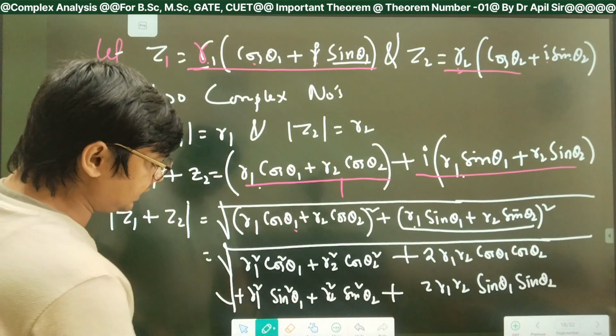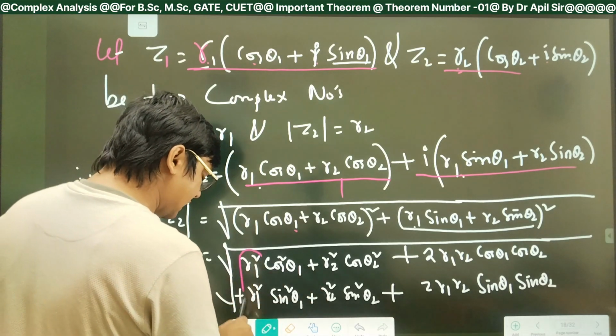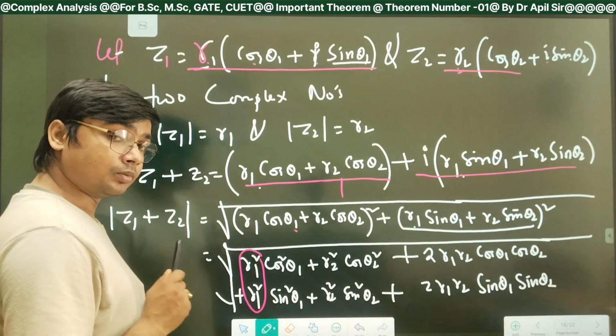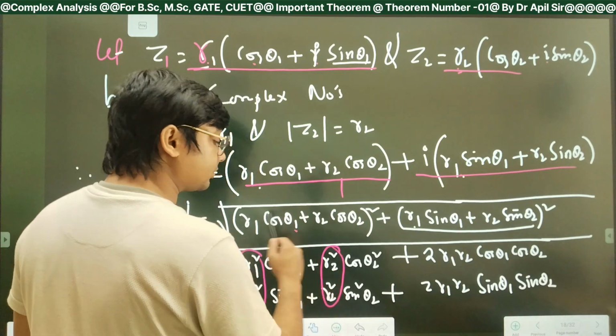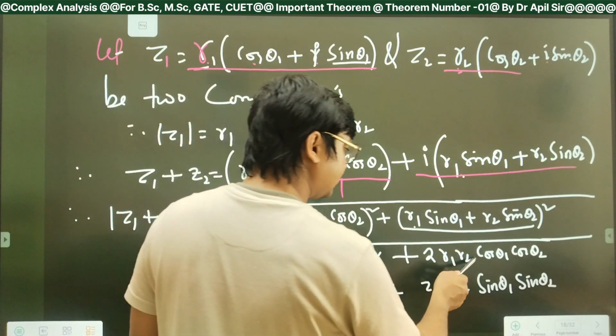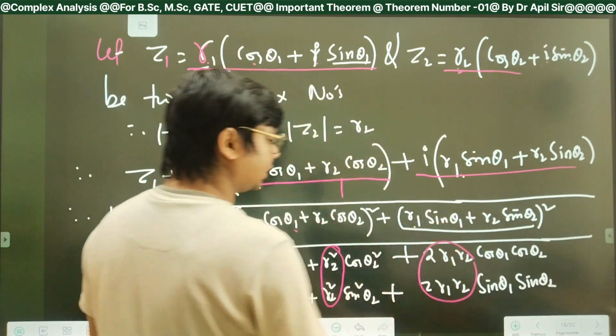Now R1 square is common, R2 square is common, and from the cross terms we can take common twice R1 R2.